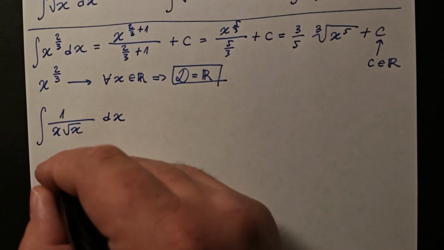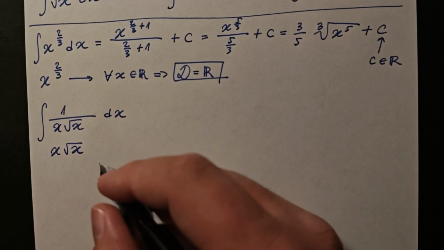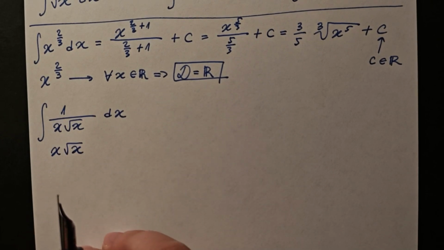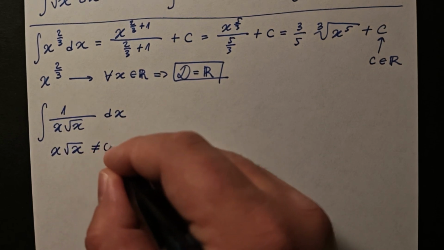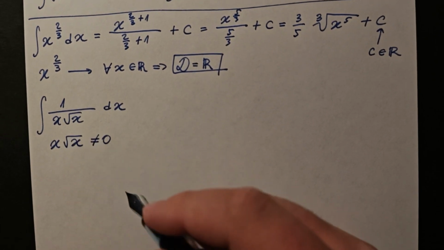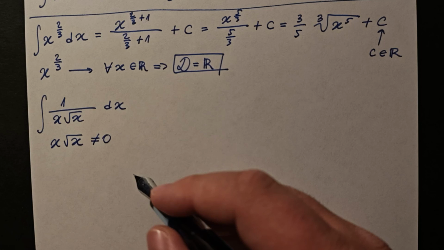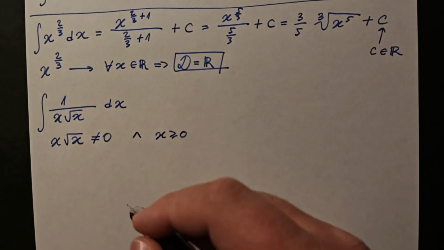Here in the denominator we have x square root of x. In order for this integral to be well defined, this expression x square root of x has to be different than 0, and in order for this square root function to be well defined, also x has to be larger or equal to 0.